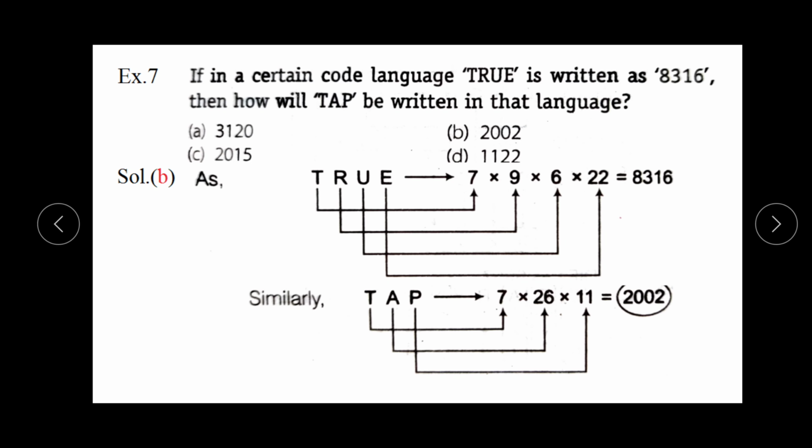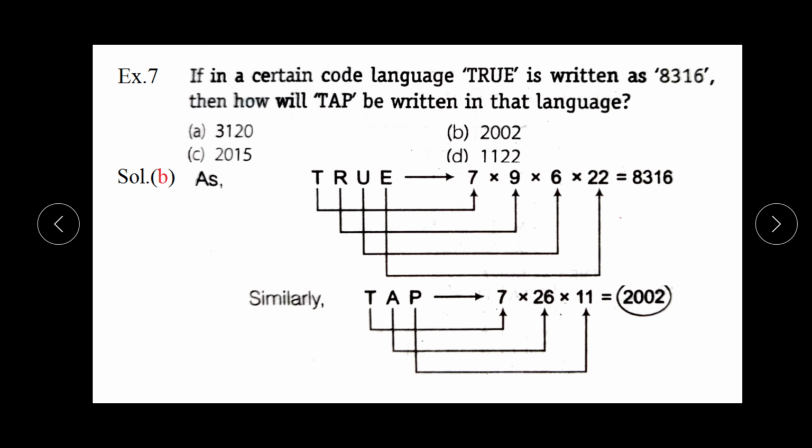For number coding, one more example is there, to understand this more clearly. If in a certain code language true is written as 8316, then how will tap be written in that language? So these are the options. In true, the opposite letter of T is G, and the position of G is 7.